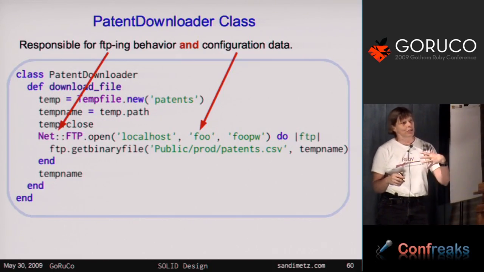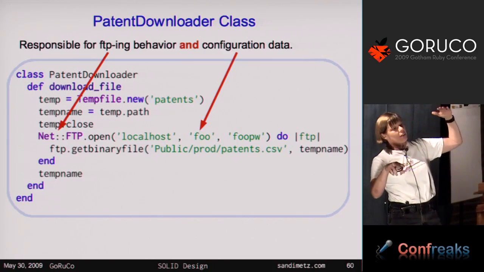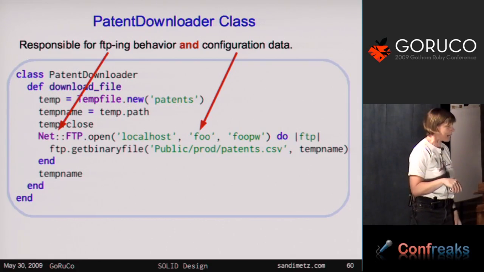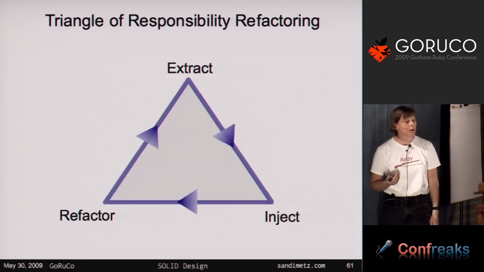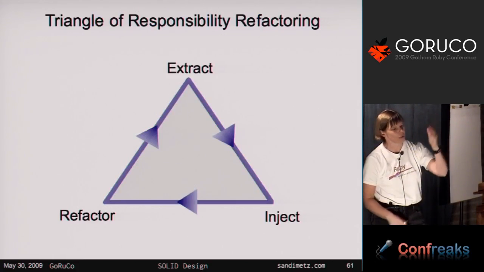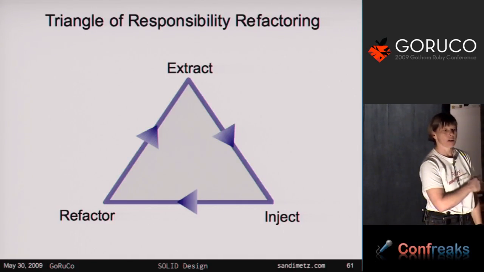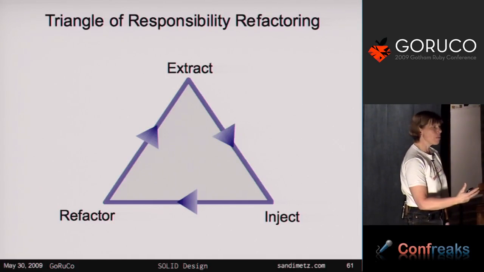So the code smell is just that feeling of unease and this sense that everything in the class is not going to change at the same rate. And so now the first thing I'm going to do is try to pull out a responsibility. And we're doing a pattern of refactoring that happens over and over again. You identify the responsibility that you want to remove.